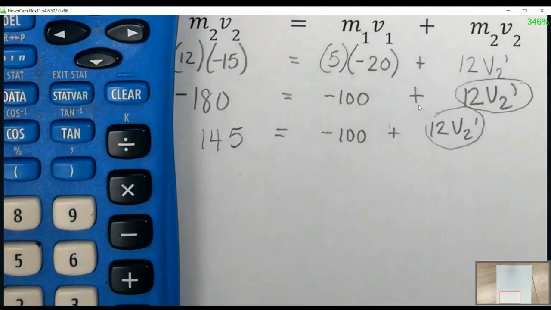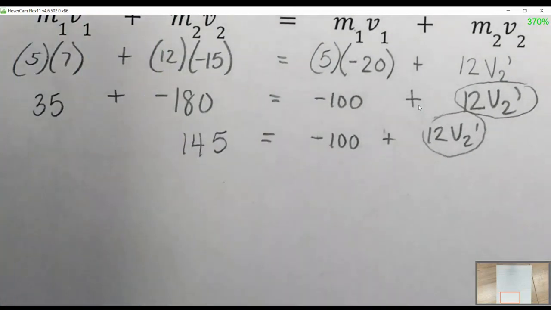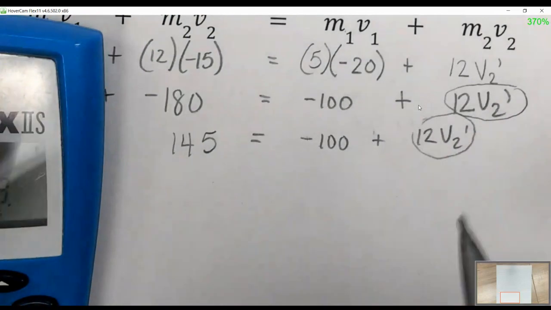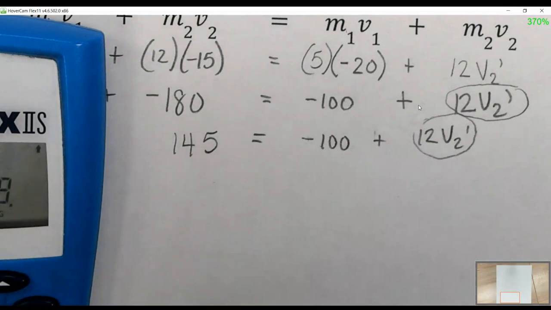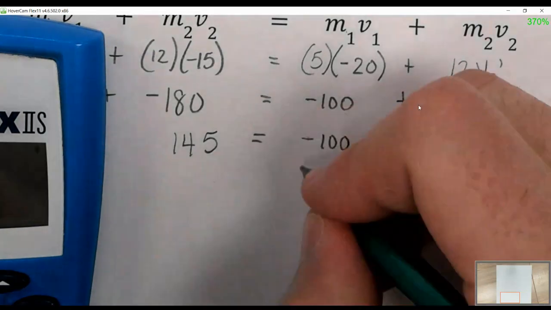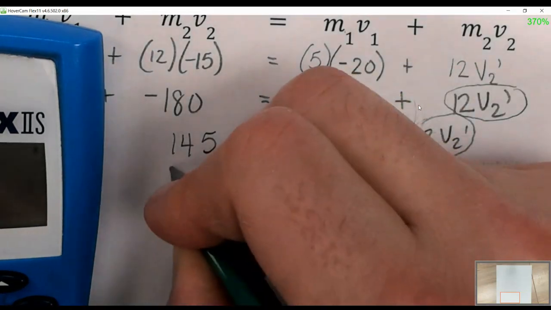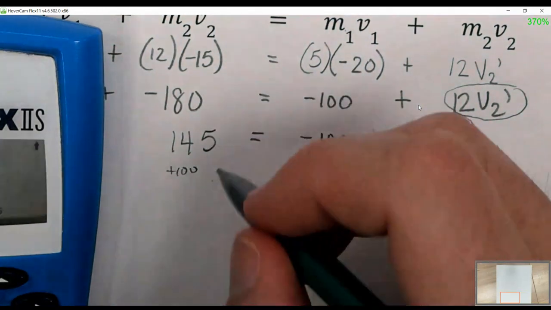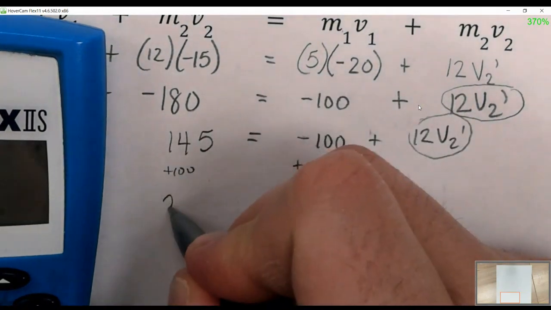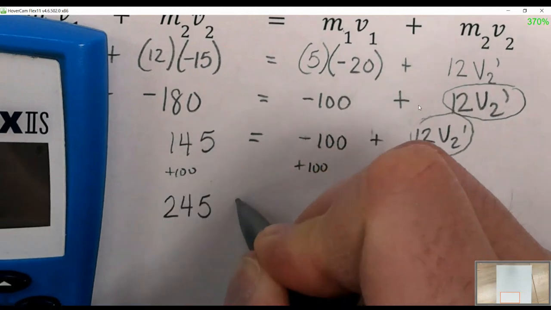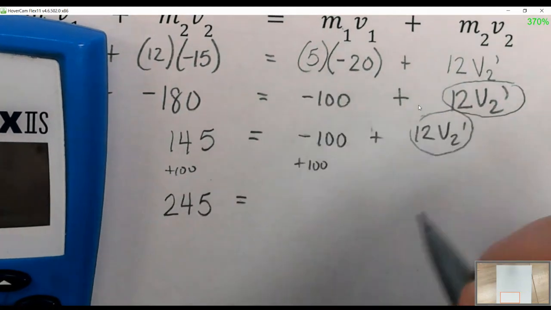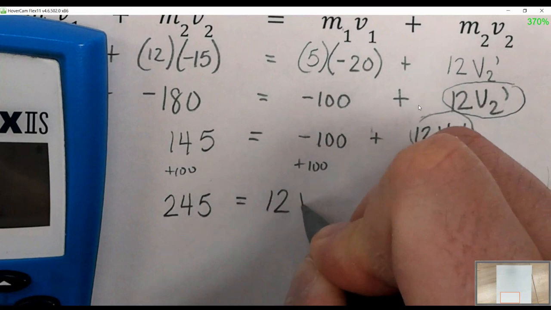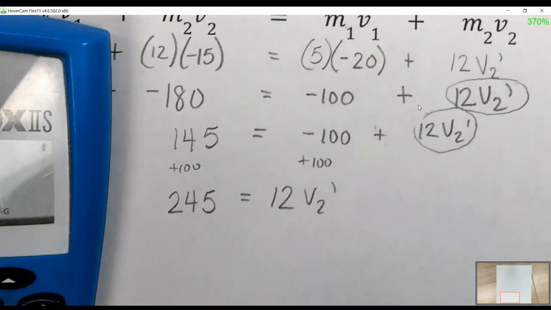So let's get everybody that's not attached to V2 on the other side. We want to get rid of this 100. Because it's negative, you got to add it to both sides. So this 145 plus 100 becomes 245. Then that is going to equal 12 V2 prime.